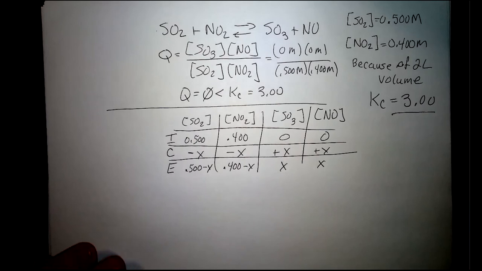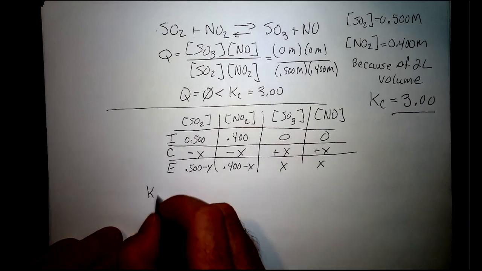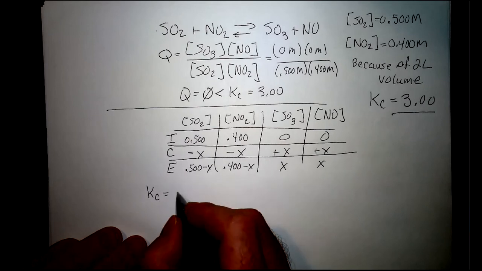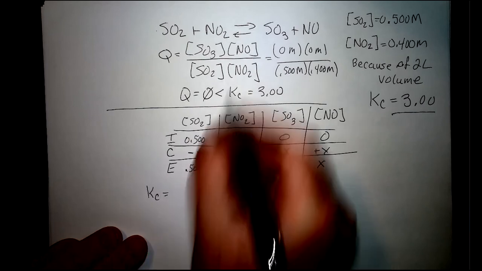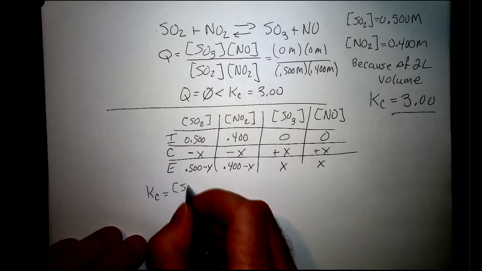So now I can set up my Kc. Kc is equal to what? It's equal to the same functional form, so let's just copy it down.